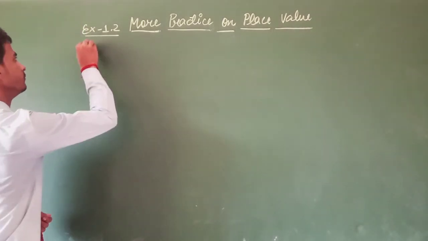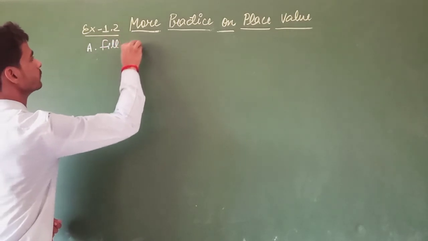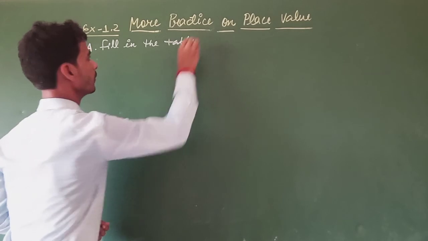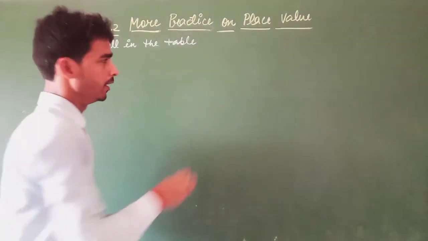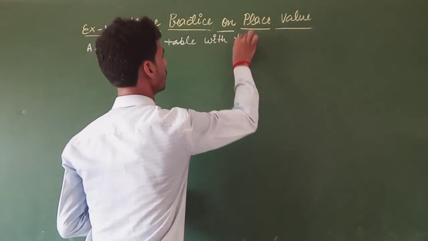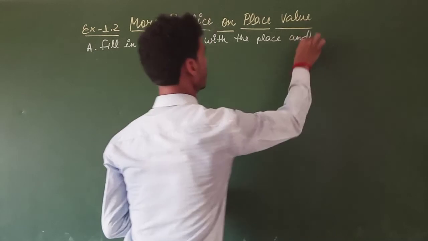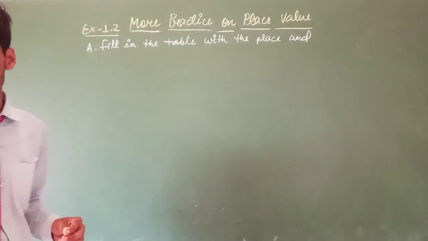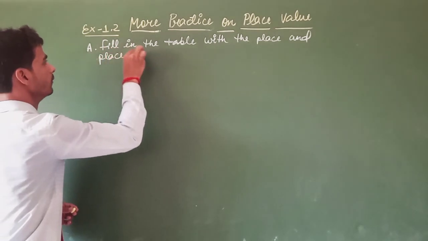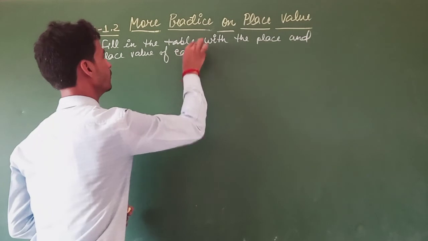Question number 8: fill in the table with the place and place value of each colored digit.